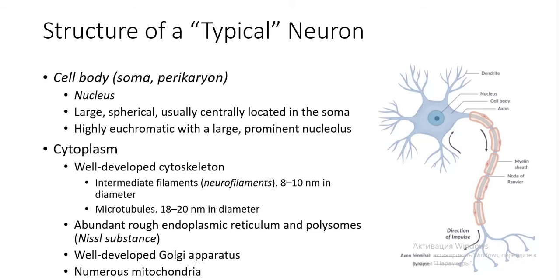It requires a very large amount of ATP to facilitate the sodium-potassium pump activity. The sodium-potassium pump pumps the potassium back and leaves the sodium outside the cell, which changes back to the normal state of resting potential. So that's the role of these mitochondria, which are very abundantly present in the neuron.